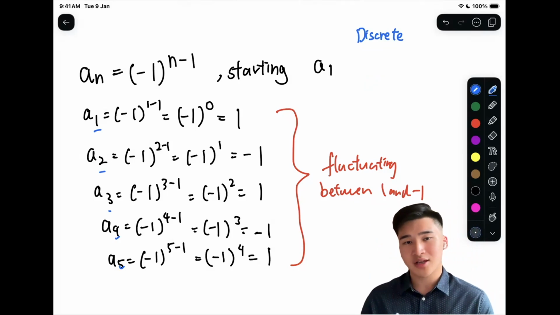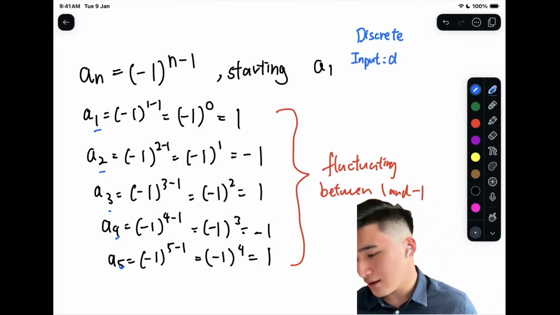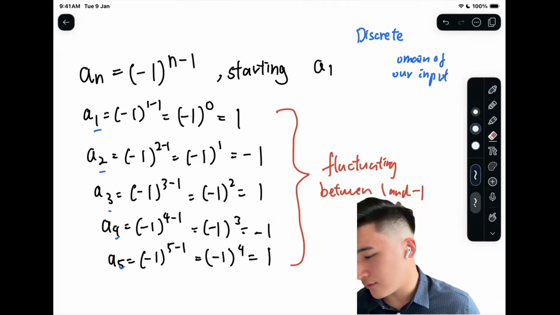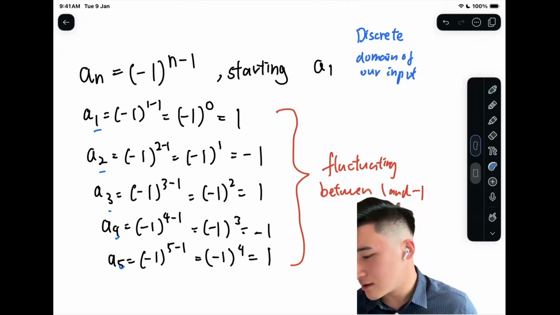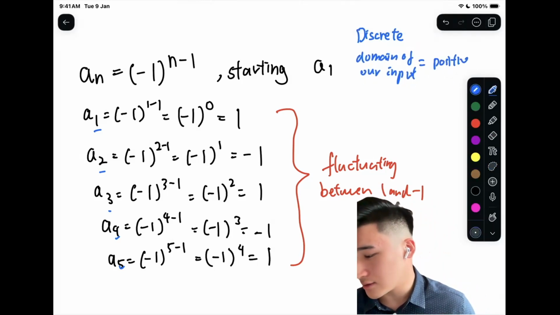They are positive integers. This means that the domain of our input is equal to the positive integers.